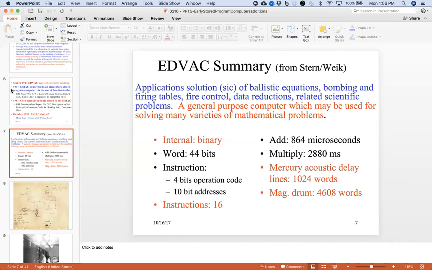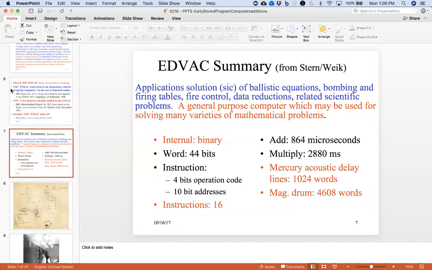So now instructions are the next thing. The instructions on an EDVAC, there were only a very small number of them. In fact, 4 bits were used for what's called the operation code. So that means you can represent 2 to the 4th instructions, right?